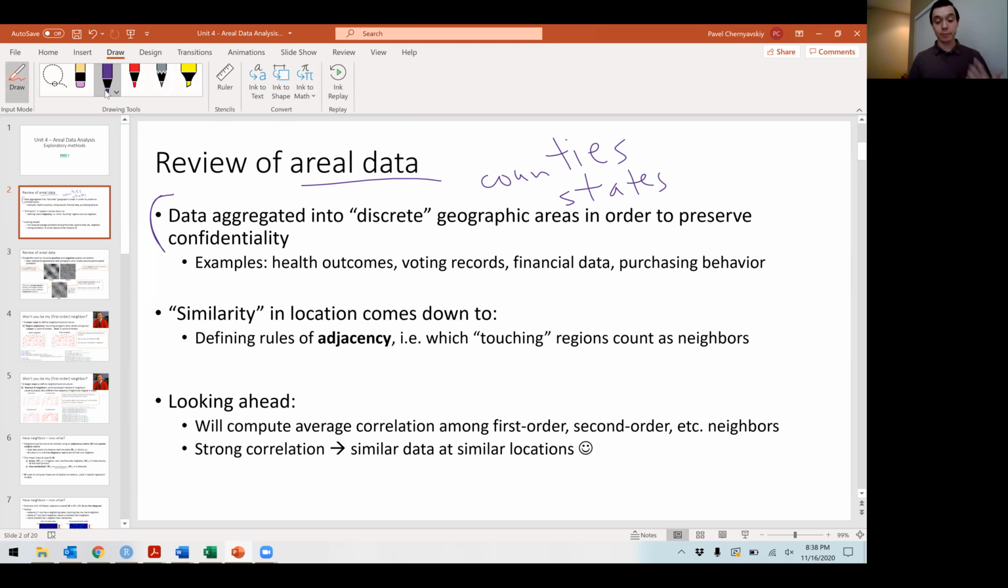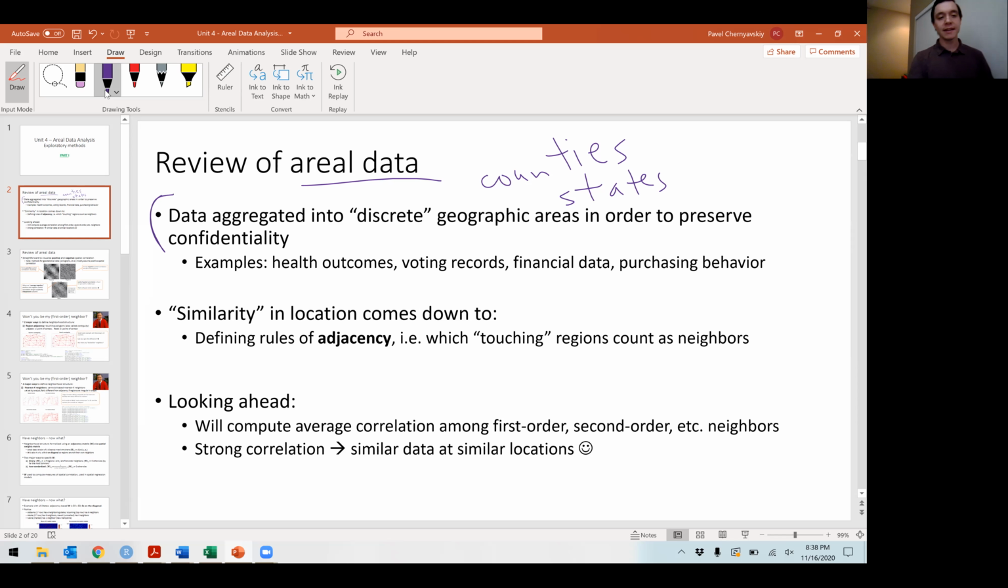Honestly, the smaller, the better in terms of dividing that space into smaller and smaller regions. But oftentimes, if you're dealing with public data, counties and states are about as small as you're going to get. Congressional districts tend to be bigger than counties. You know, we're all thinking about the election, so why not mention congressional districts?